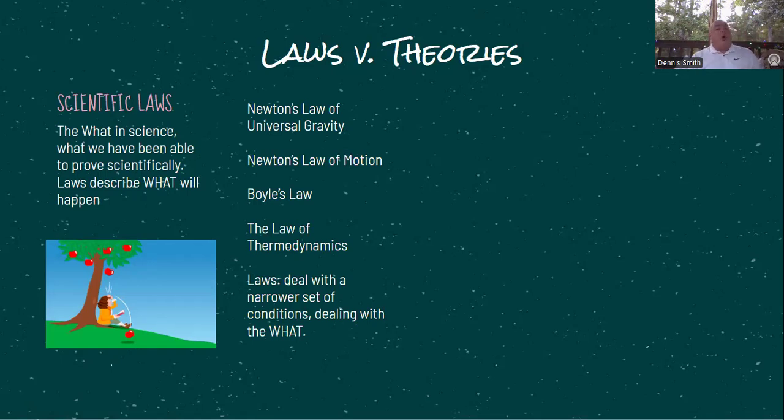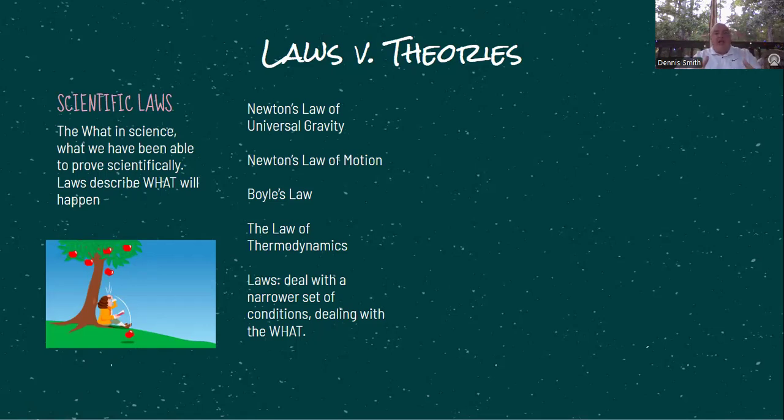Okay, other laws that we've talked about are Newton's law of motion. Once something is put into motion, it will stay in motion until something acts upon it. We'll talk about that more when we get into kinematics in Unit 2. There's Boyle's law of gases, the law of thermodynamics. Laws deal with a narrower set of conditions. They deal with the what.